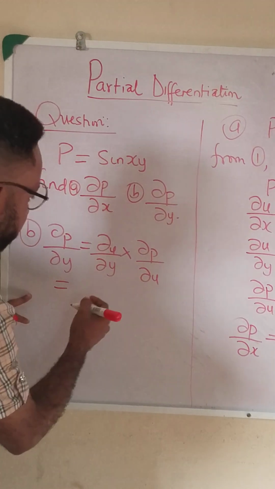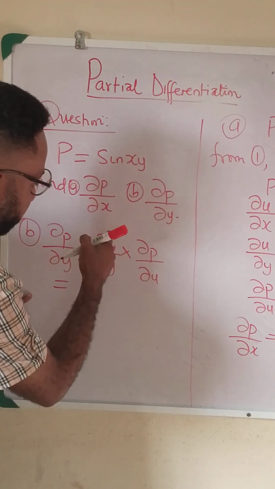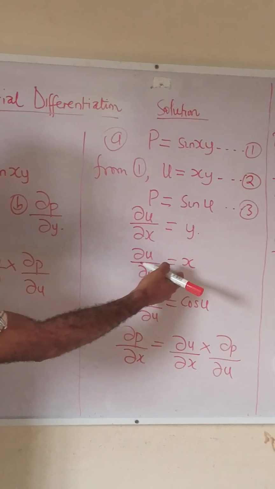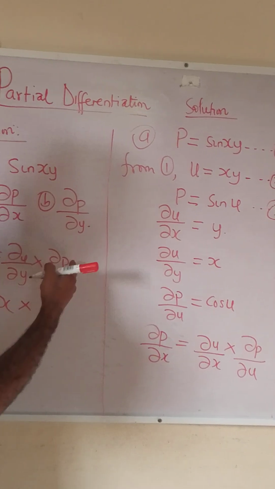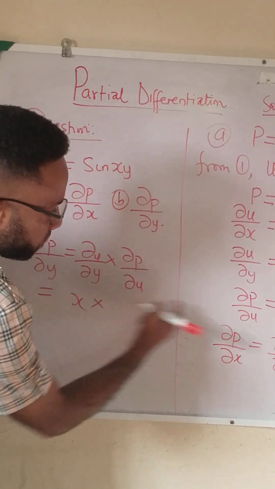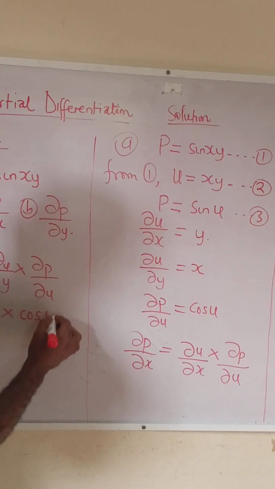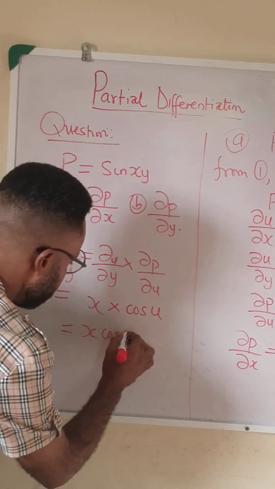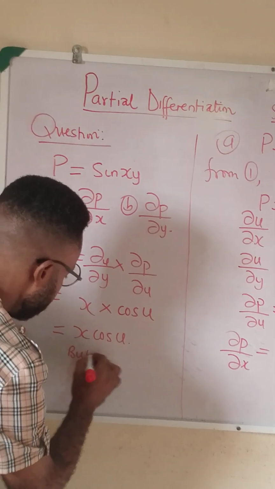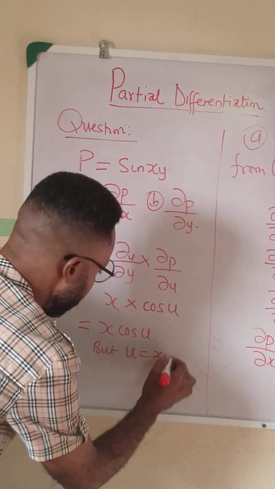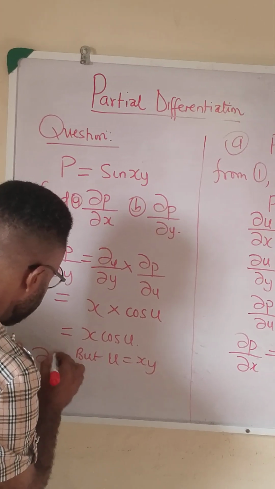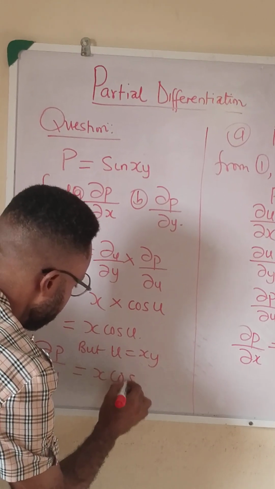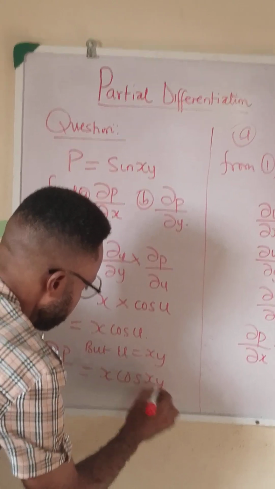So we are going to bring in the values. The partial derivative of u with respect to y is x, and then times the partial derivative of p with respect to u, which is cos u. So this will give us x cos u, but u equals xy, so our partial derivative of p with respect to y will be equal to x cos xy, because u is xy, we now put xy here.